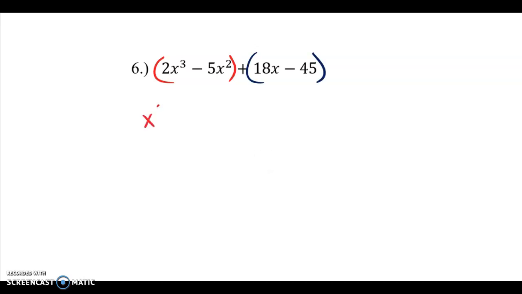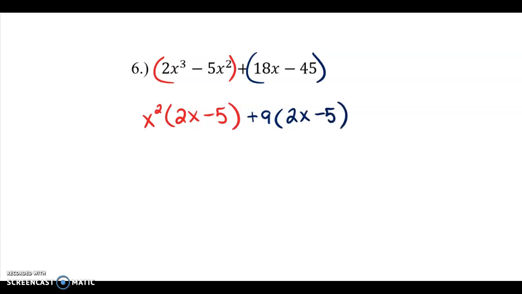All right, and then our last one here, I have 4 terms, so I'm going to group the first two, group the last two. So the first two, my GCF is x squared, leaves me with 2x minus 5. My second set, my GCF is going to be 9, so plus 9, and 2x minus 5.